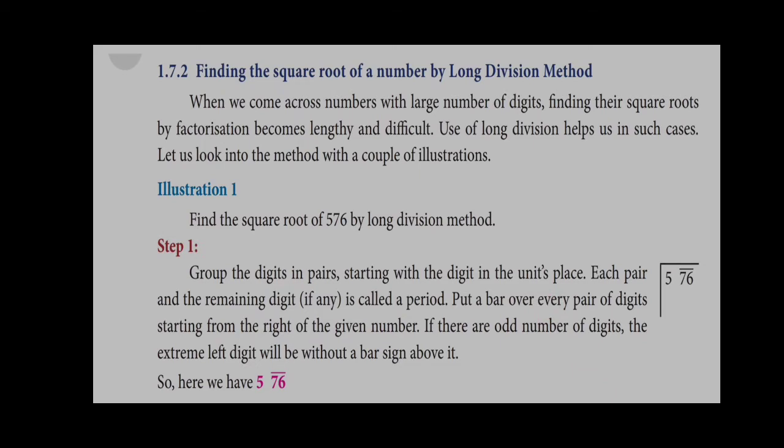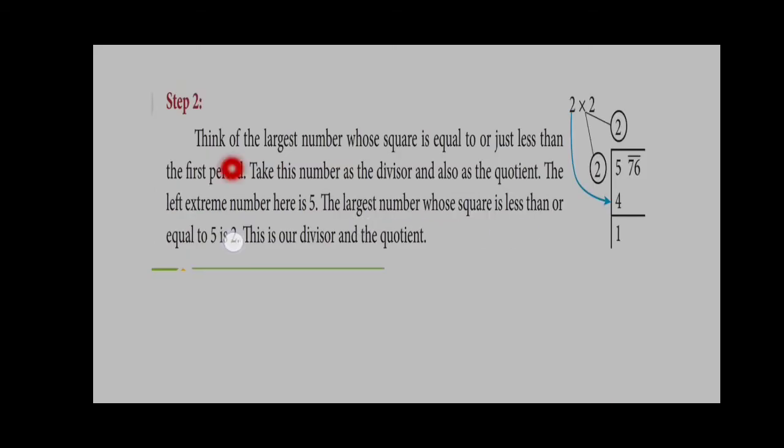So the next step is, think of the largest number whose square is equal to or just less than the first period. So first we need to take the first period. First 5 is there, we need to take a square less than or equal to it. If we have 4, 2 twos will come, and 5 is there. So the square number less than 5 is 4.